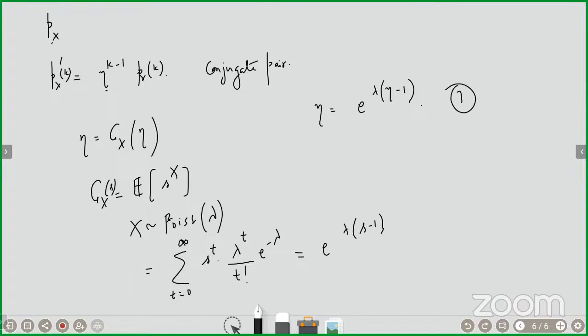So put it up, pretty simple. Just write eta to the power k minus 1 into the given Poisson distribution. Pretty interesting what's happening. You have to use relationship one.